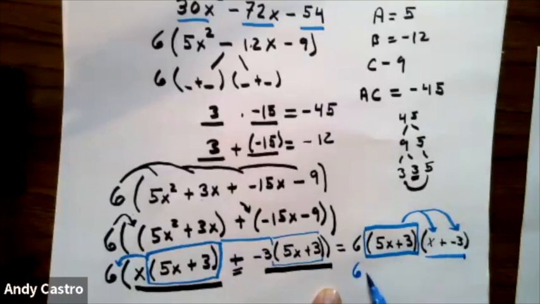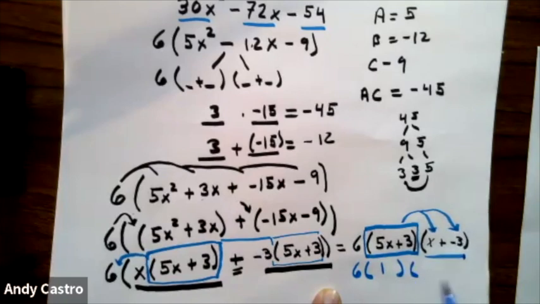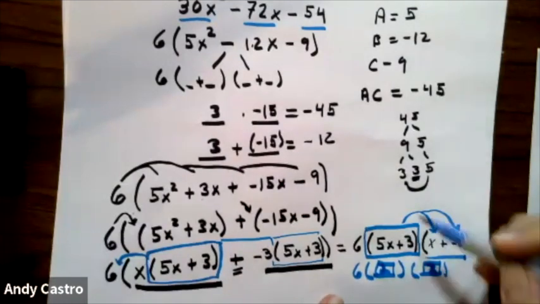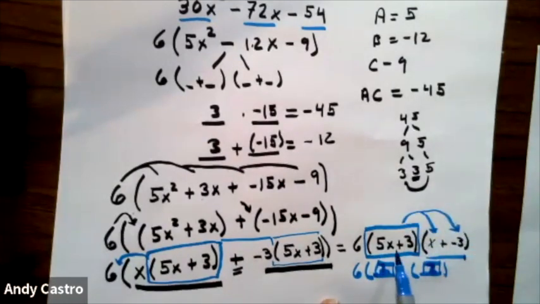So this has factor 1, factor 2. Well, actually, this is factor 2 because 6 is my 1. And this is my 3. Okay. So if we look at it visually, it's 3 things being multiplied together. 2 of those things are expressed as 5x plus 3 and x plus negative 3.